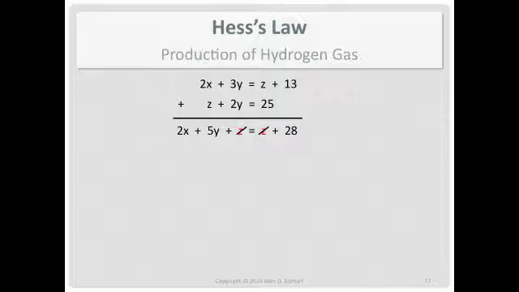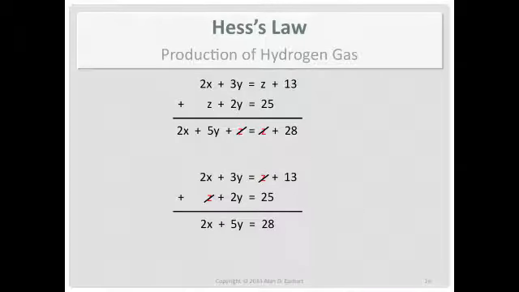Now you probably didn't even do it this way. You may have learned to do it this way initially, but you tend to skip a step once you get used to it. So let's do the same thing down below. You're told that you're adding those two equations up, and you quickly see, oh, I have z on both sides of the equal sign. So you remove the z, you add everything up, and there's your 2x plus 5y equals 28.